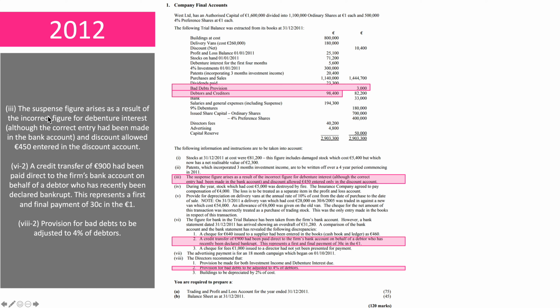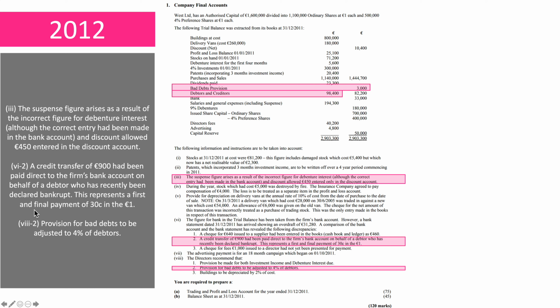Okay, 2012. The suspense figure arises as a result of the incorrect figure for debenture interest, although the correct entry had been made in the bank account and discount allowed $450 entered in the discount account. 5 part 2, a credit transfer of €900 had been paid direct to the firm's bank account on behalf of a debtor who has recently been declared bankrupt.